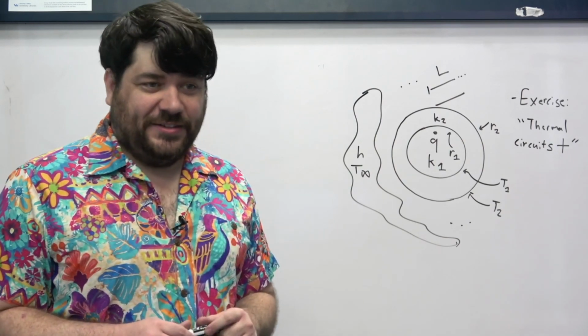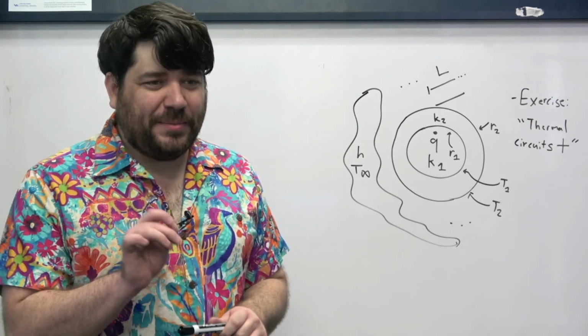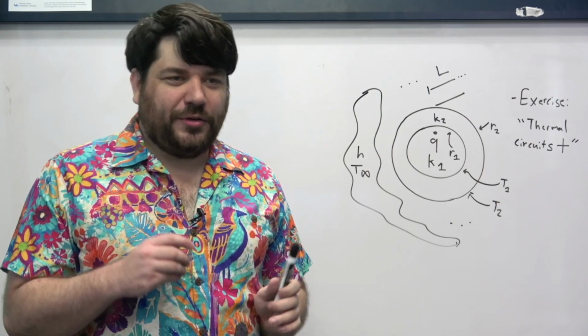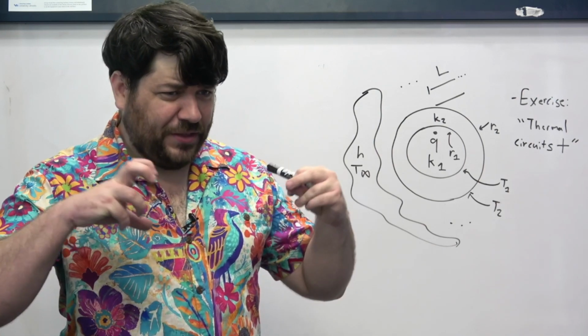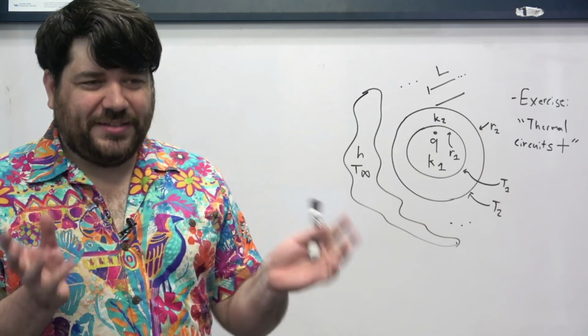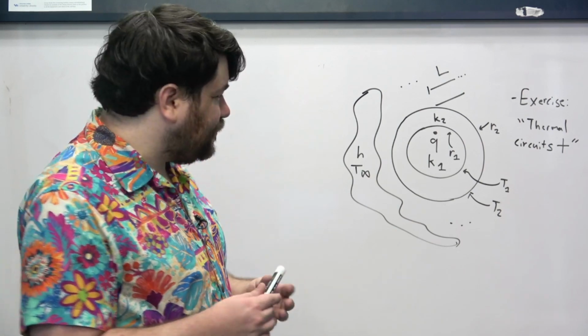The answer is yes. The only thing we have to do is remember carefully the thermal circuit foundation, the key idea behind the usage of thermal circuits, which is that we can take a system that satisfies all four assumptions and model it like a thermal circuit.